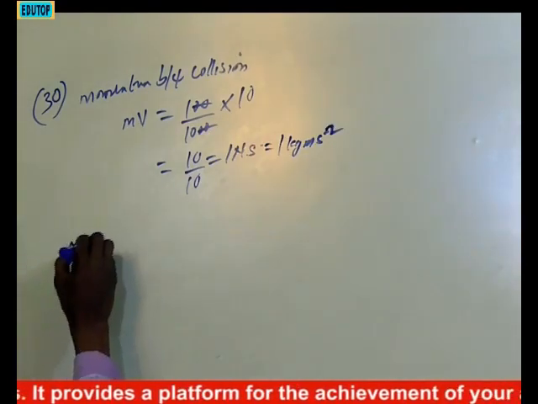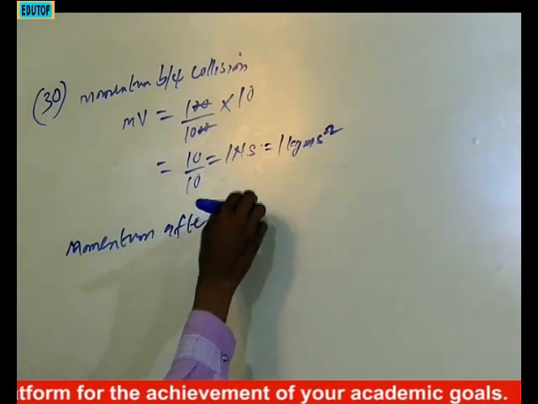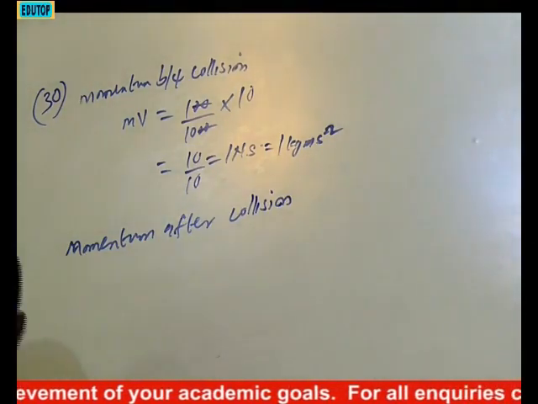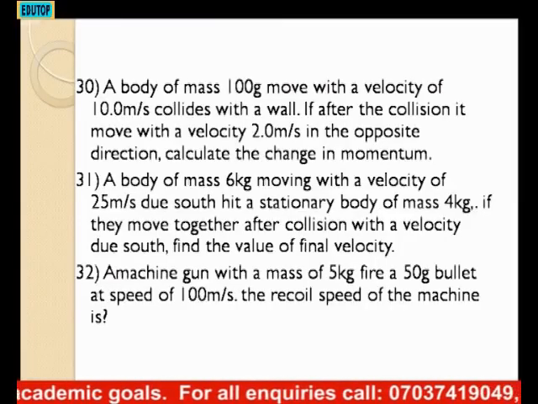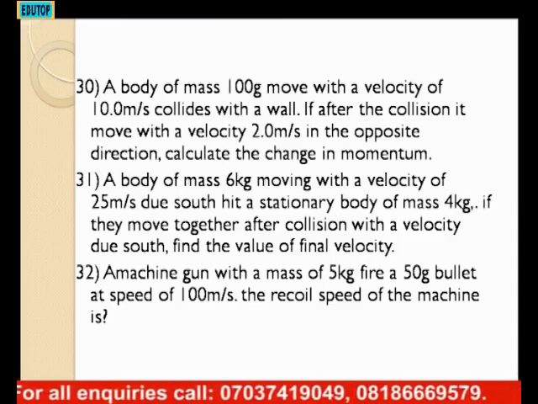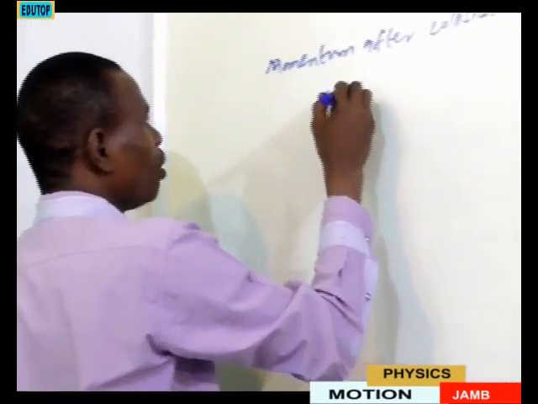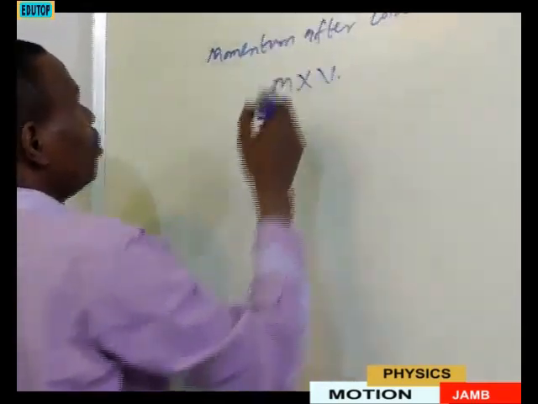What's now the momentum after collision? After collision, we are still going to have mass times velocity, because if you look at that question, it says after the collision, it moves with a velocity of 2.0 in the opposite direction. Underline the word opposite. We are still going to have the mass times velocity, which is equal to, the mass still remains the same.